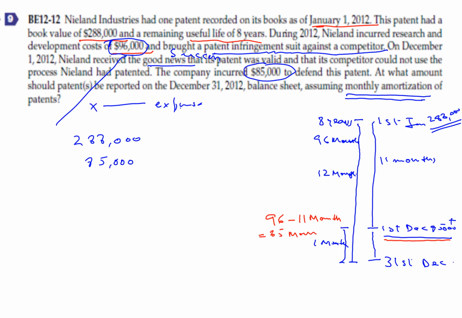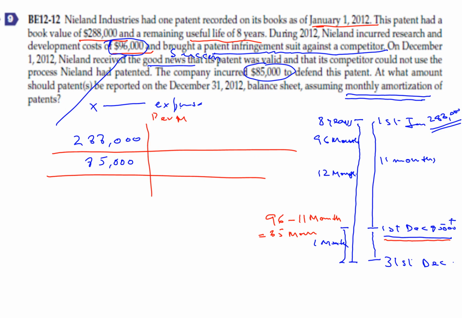So we are very clear about the per month amortization of both these assets. This asset has 288,000 divided by 96 months. This is the per month amortization expense of this asset. Whereas the other asset, which has a life of 85 months, the per month amortization would be 1,000. This is simple for me to calculate.